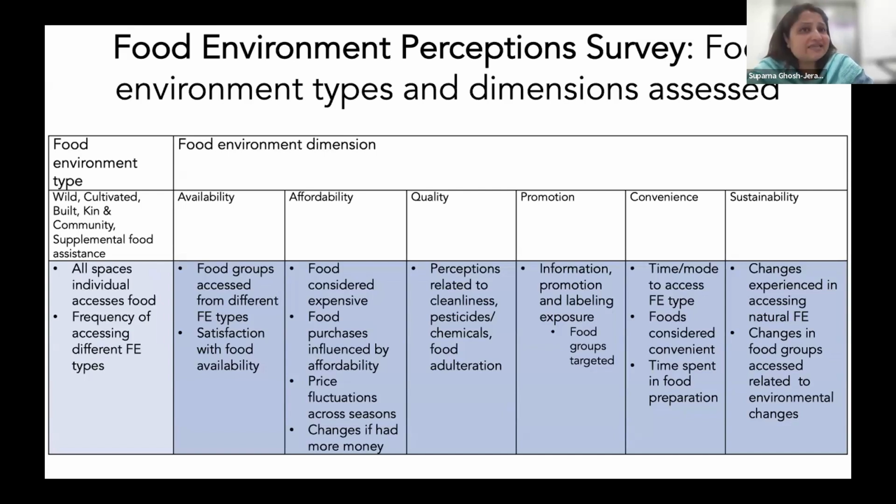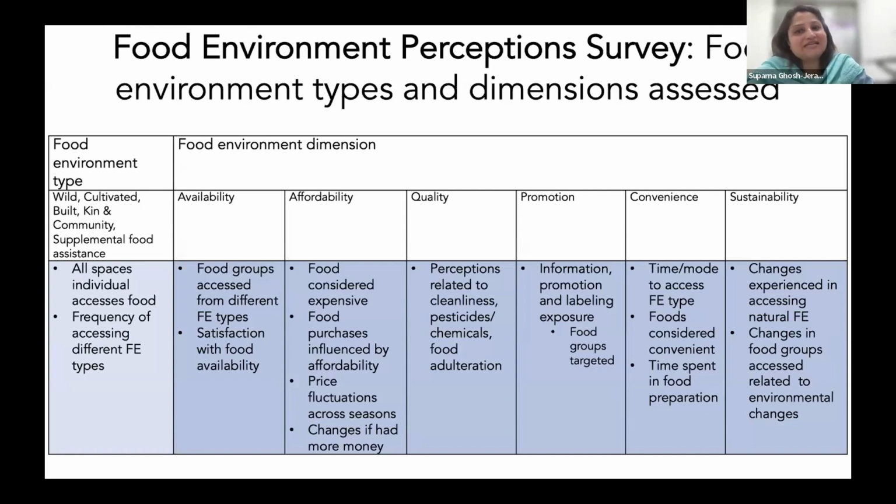Promotion: is nutrition literacy promoted in the community? Are people looking at food from the promotion perspective, like certain foods thought to be valuable or promoted as part of various promotional strategies? Are people reading the labels of the food?